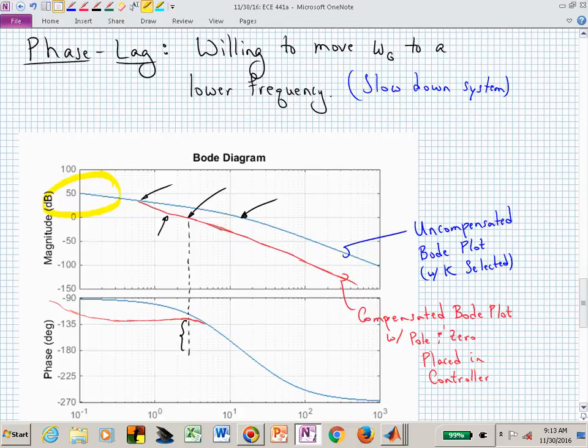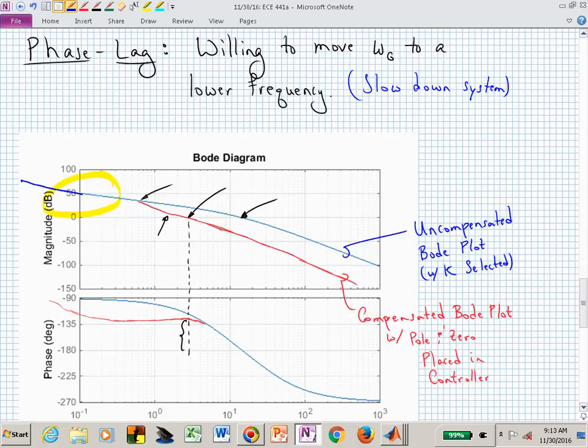If you have a pole at the origin, what's a pole at the origin do in terms of your magnitude response? Does it break? No, it never breaks. It always is sloping at minus 20 dB per decade. Meaning this blue curve, if you had to extend it, is still sloping at 20 dB per decade, and it's coming down from above.